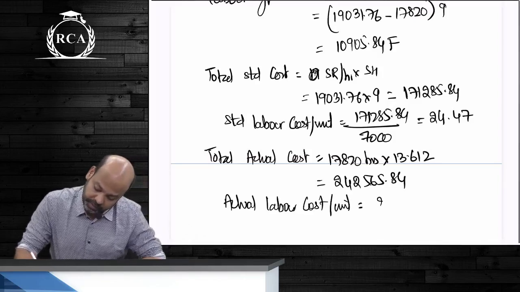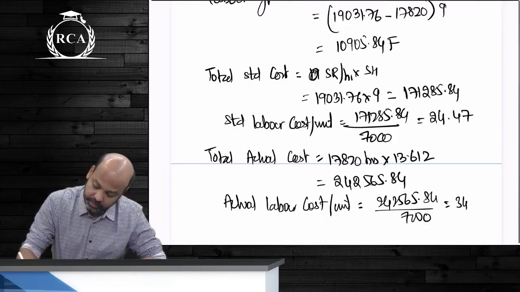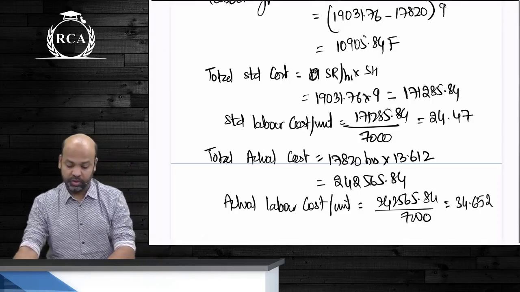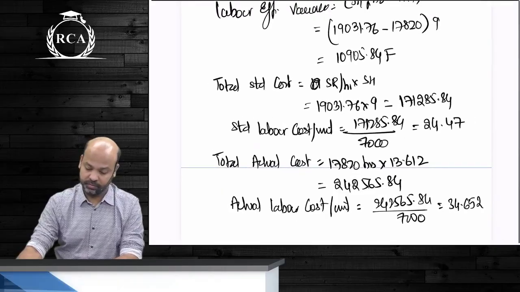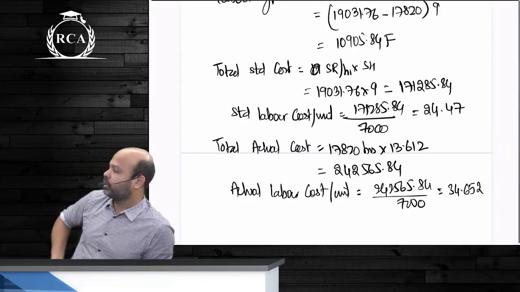You will write this: 2,42,565.84 divided by 7,000 units. 34.652 rupees, guys, per unit.